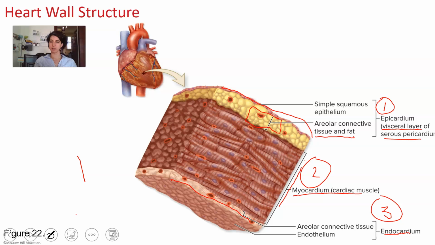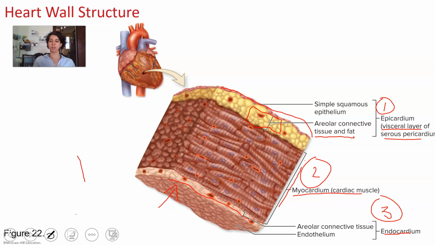So if you remember lessons from chapter 4, where we talked about different types of tissues, typically where you are forming the wall of an organ or a barrier, that's where we find epithelial tissue, right? So inside of the heart, we are literally inside of the chambers of the heart, and this is called the endocardium.